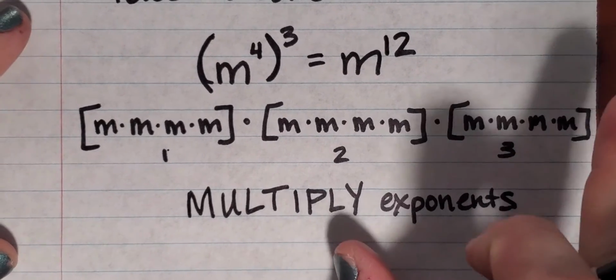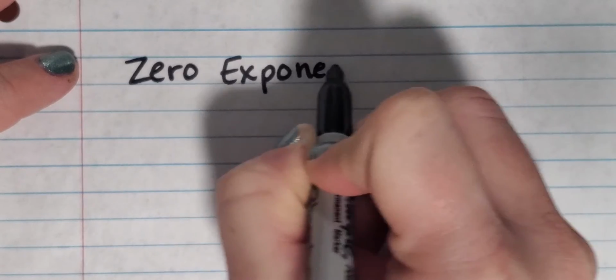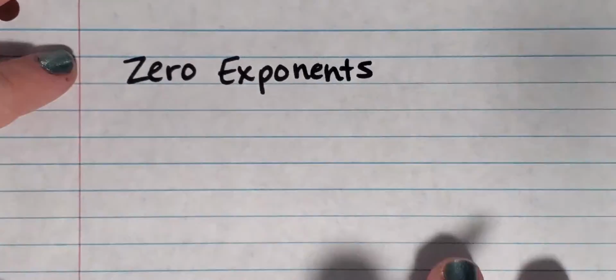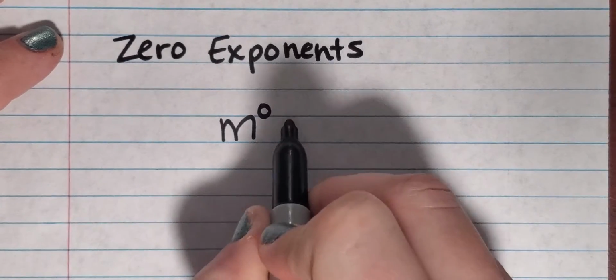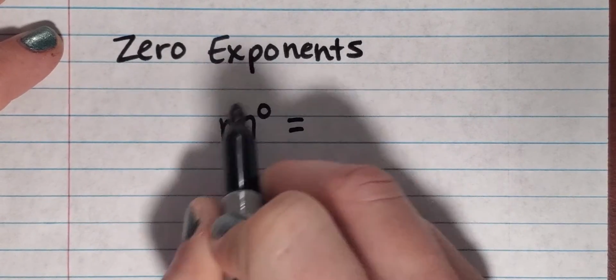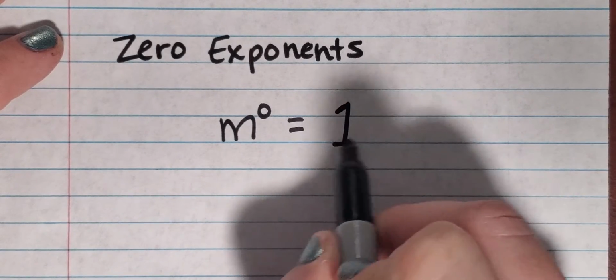Okay, next one, the last 2. All right, we're going to do the easiest one first. So if I have a 0 as an exponent, so if I have m to the 0 power, this entire thing, the base and exponent included, would change into a 1.